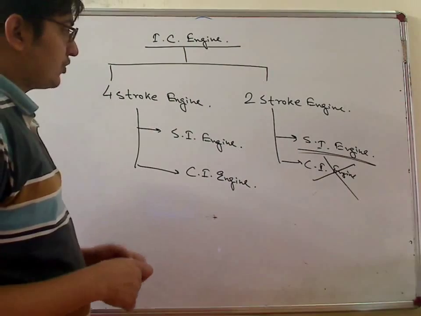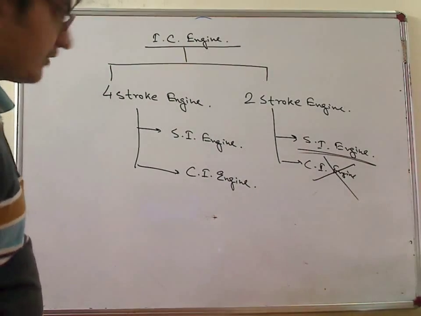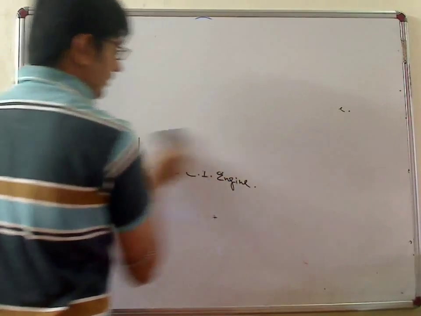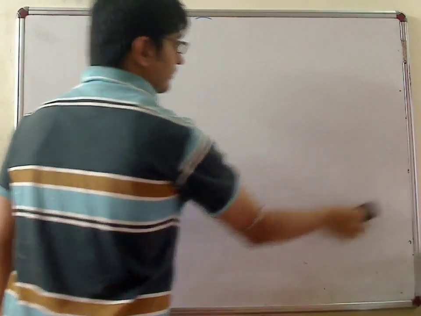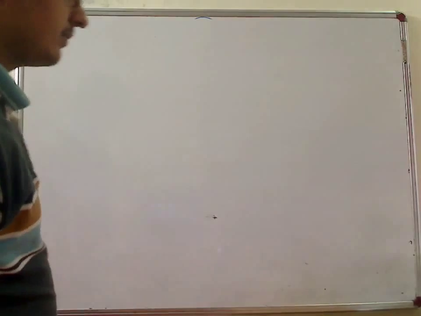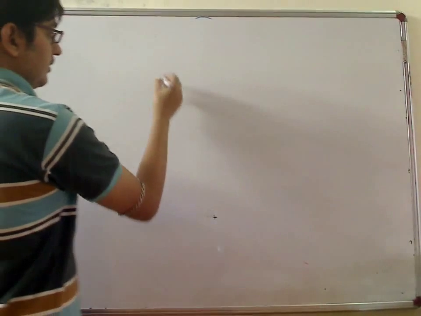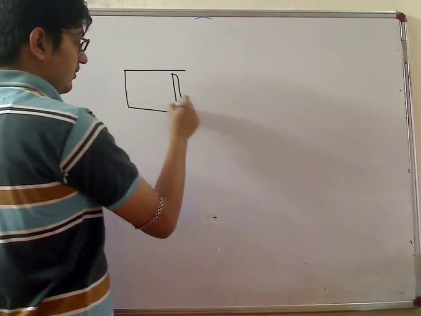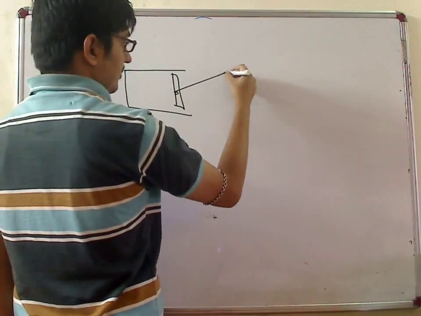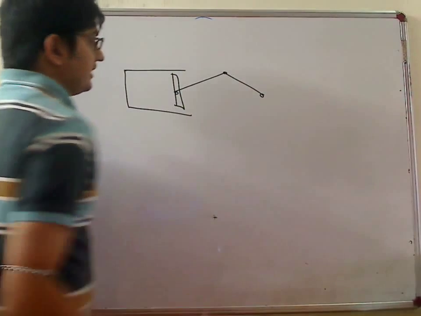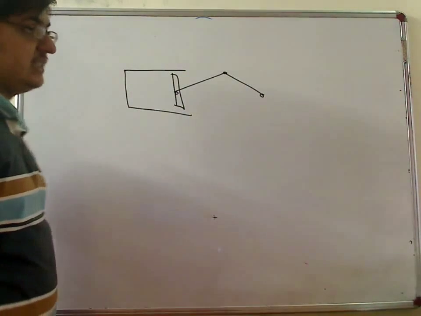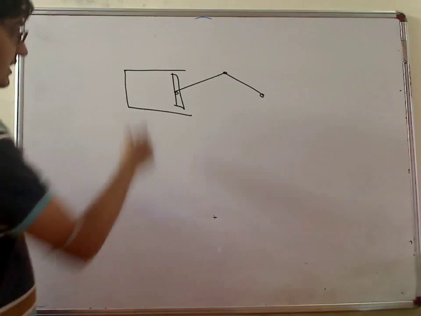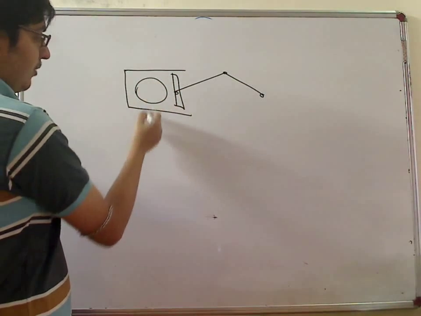Now what is meant by 4-stroke and 2-stroke? I am starting from the very beginning. So this is a typical layout of any IC engine. So this is the place of combustion.